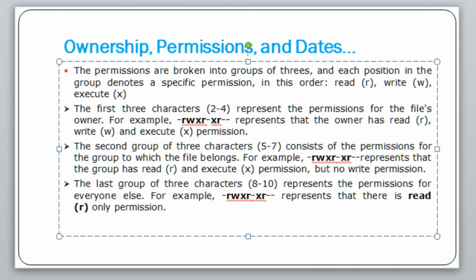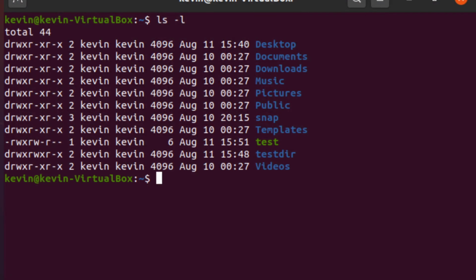Okay, so let's check that out on our system here. For the test file here, in those first 3, we have read, write, execute. That means user has read, write, and execute permissions. The next 3 has read and write only, and then the last 3 is just read.